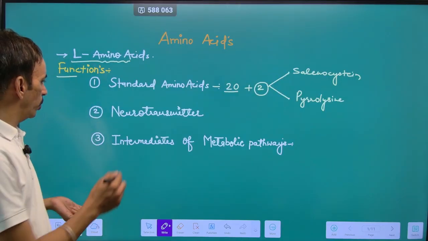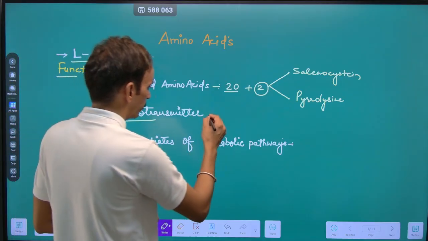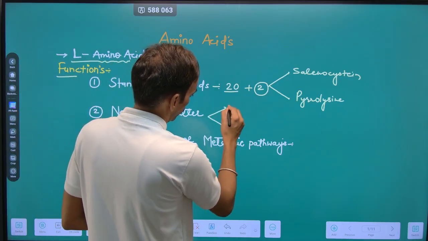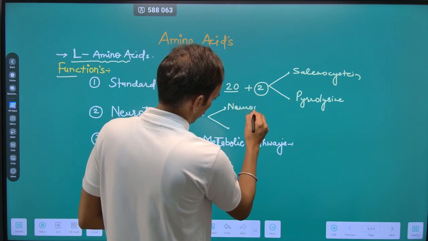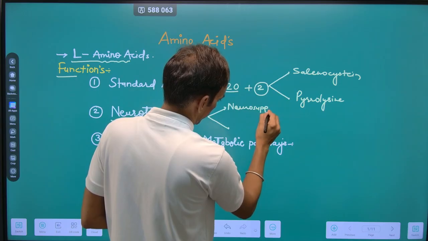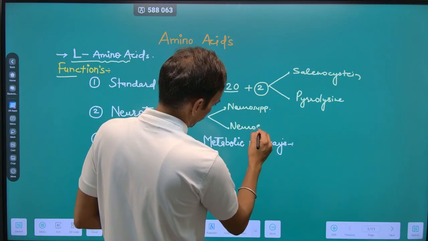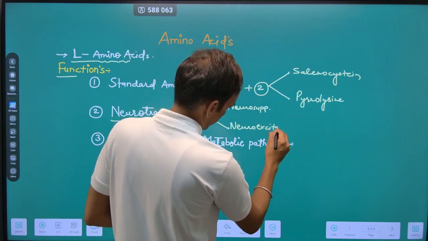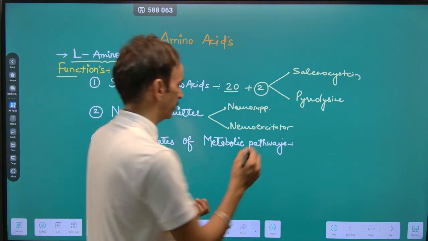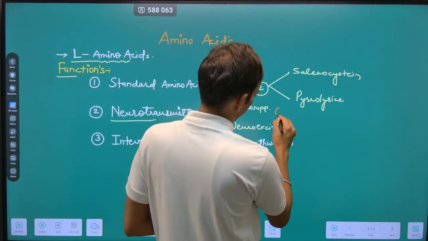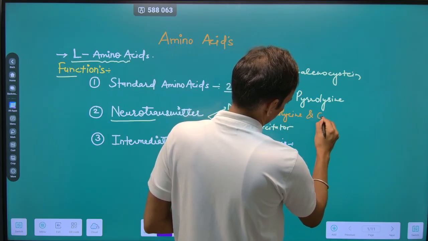Amino acids also act as neurotransmitters. Neurotransmitters are of two types: neurosuppressor type and neuroexcitator type. Examples of neurosuppressors are glycine as well as GABA.